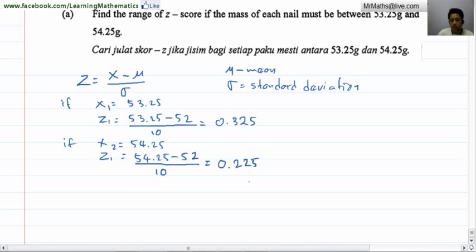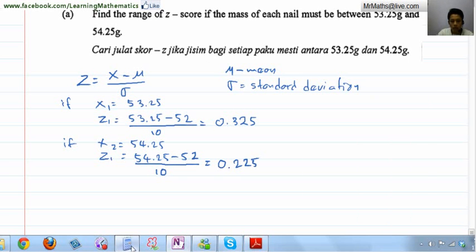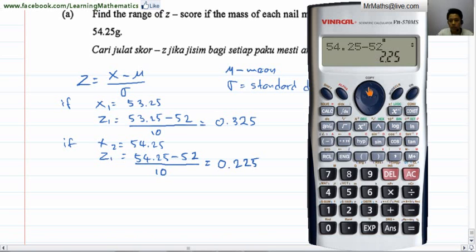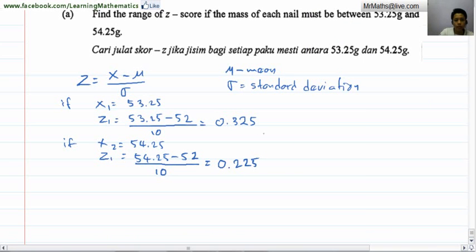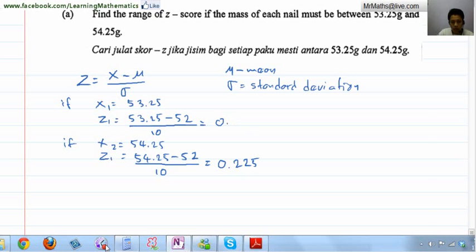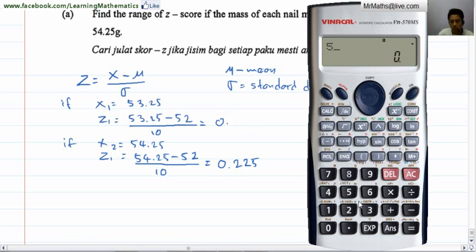Let me just check again. This is right. Oh, the first one is wrong. Let me do a correction. Z1 is not 0.325. I made a mistake. I wrote 50 instead of 52 on the calculator, so I need to correct that. 53.25 minus 52 divided by 10.